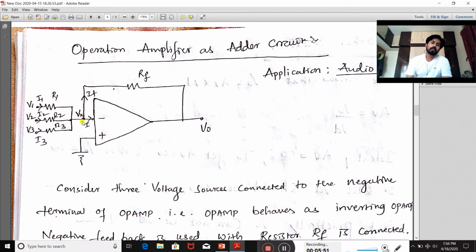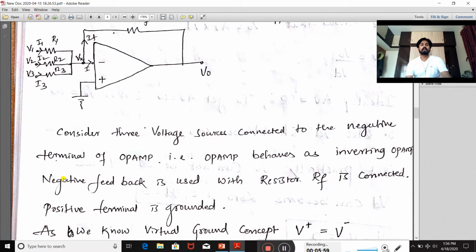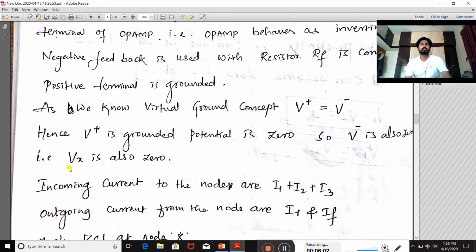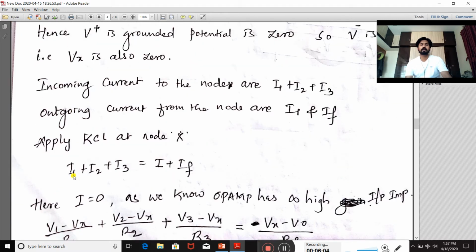Now put KCL at this Vx node and try to find the different currents. Let's write the equation for KCL. When you write the KCL equation, it becomes I1 plus I2 plus I3, three incoming currents, equal to two outgoing currents, one is I and another one is IF.